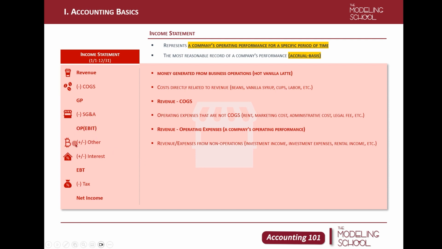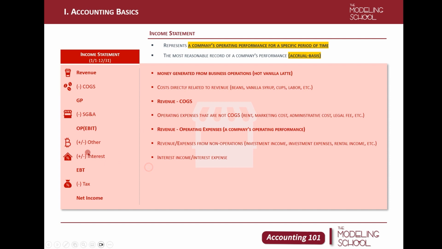And under operating profits, we now have other income and other expenses. As we've said, these are expenses and income that are not related to operations. Typically, investment incomes, investment expenses, interest incomes, interest expenses, rental incomes, and so on. So if your company has invested in Bitcoins for whatever reasons, and they made a profit, or if they made a huge loss, it's going to be recorded under other income, other expenses.